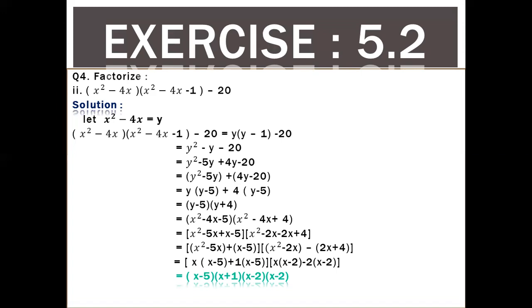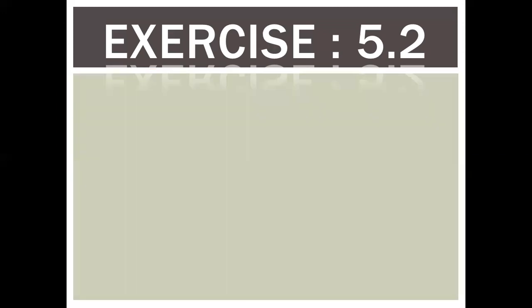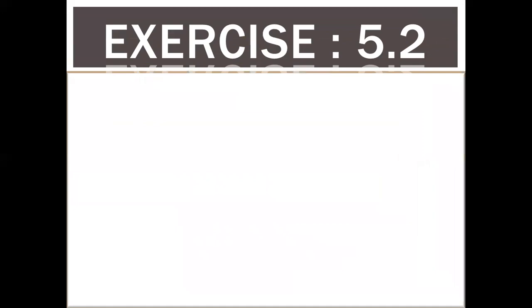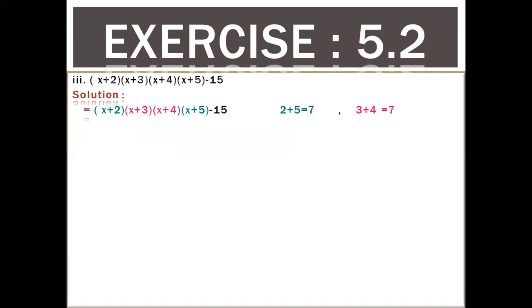Third and fourth parts, they are both the same, parts 3 and 4. Here 4 linear factors are given to us, and we see which two factors we combine to make our desired result. Part 3 is (x + 2)(x + 3)(x + 4)(x + 5). We need the coefficient of x² and the coefficient of x to be the same in both brackets.